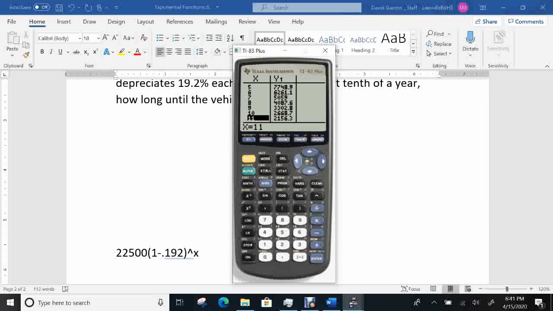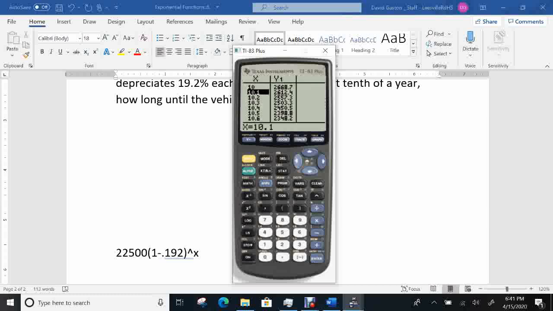So that tells me that I'm going to make the table start at 10 and go up by 0.1s, because again, I want the nearest tenth of a year. And then I'm going to press second and graph.